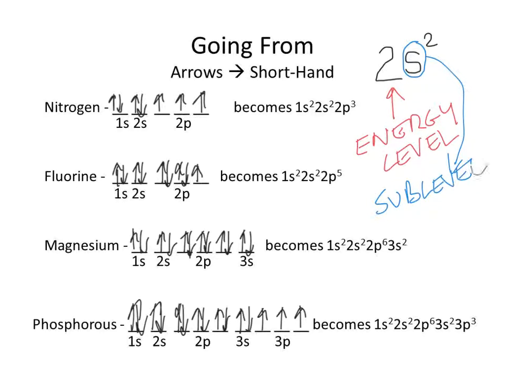Remember, each energy level has a different number of sublevels. The first energy level has 1. The second energy level has 2 sublevels, the s and the p. The third energy level has 3 sublevels, the s, p, and d, etc. And then the last number, this superscript, will tell you the number of electrons in that sublevel.